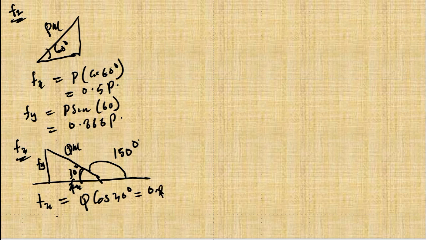That will be 0.866 Q. And Fy of F3 at the same time will be the same thing as Q sine 30 degrees. Sine 30 degrees is the same thing as cos 60 degrees. That's 0.5 Q.